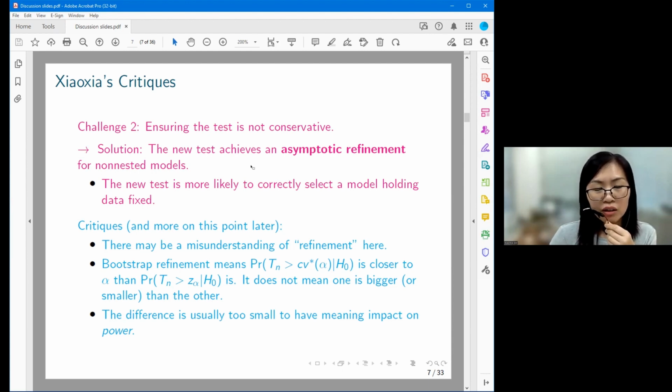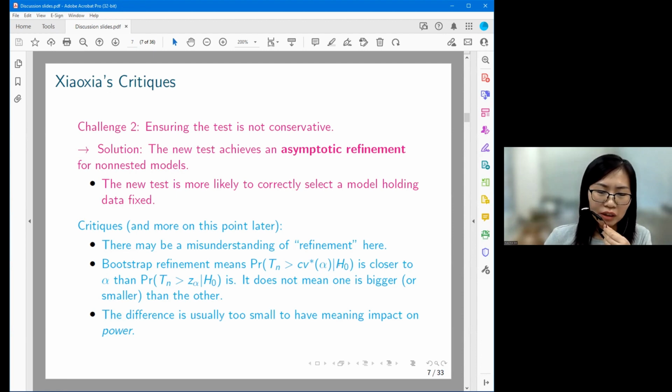This paper also derives asymptotic refinement of the bootstrap, because the test is based on bootstrap, and as we know, in some situations, bootstrap can achieve refinement. But there may be a misunderstanding of the refinement here. Bootstrap refinement means the probability of rejection under the null hypothesis by bootstrap is closer to the nominal size, say 5%, than the normal based test.